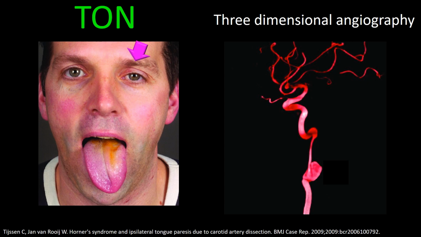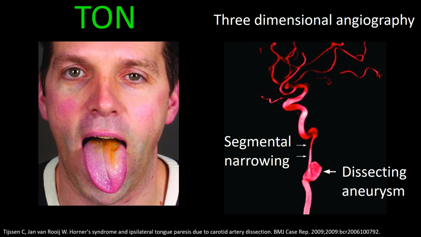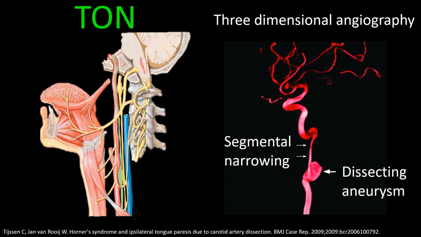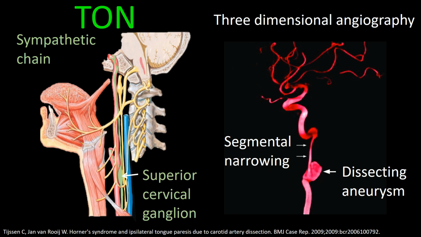This patient has a right Horner's and weakness of the right side of the tongue. Here you can see a three-dimensional carotid angiography. You see segmental narrowing and dissecting aneurysm of the internal carotid artery. I have introduced this representation of the neck to show the sympathetic chain.